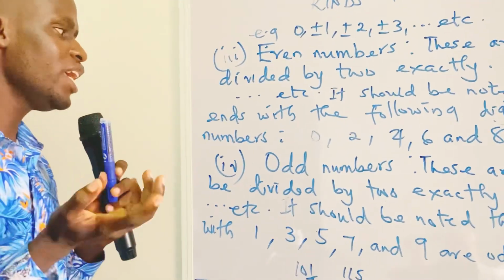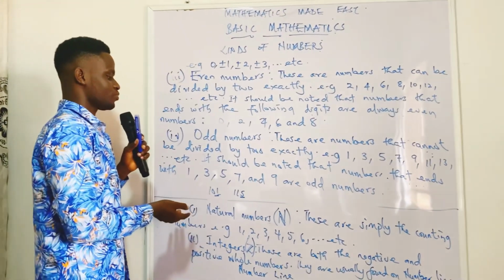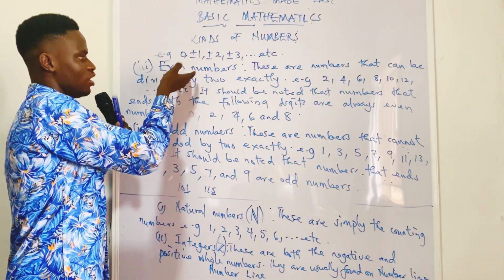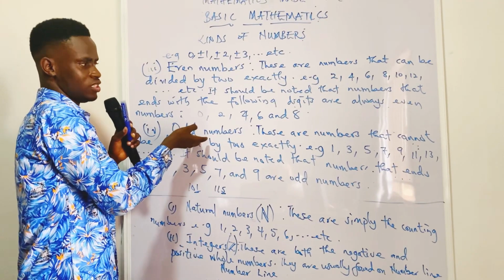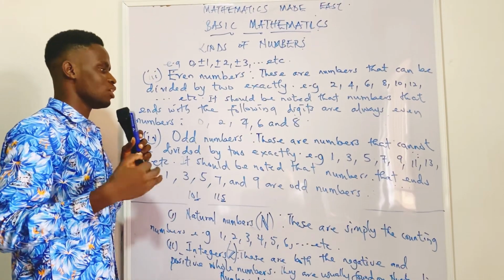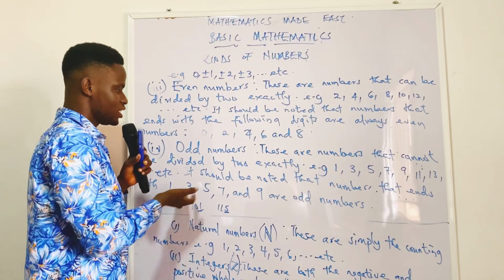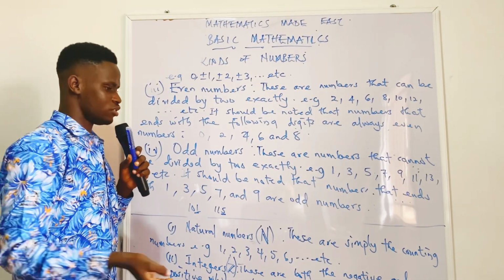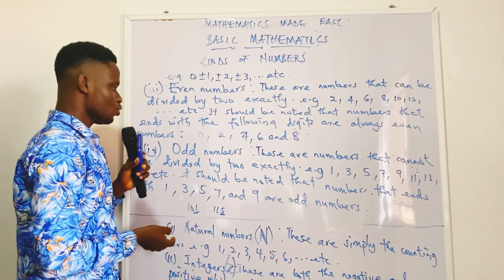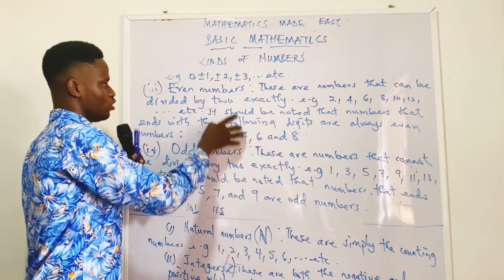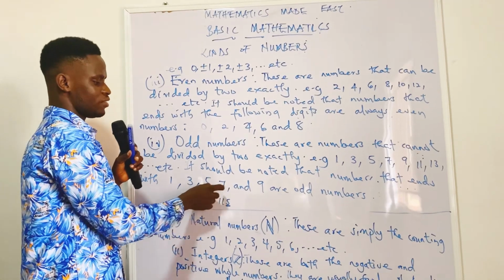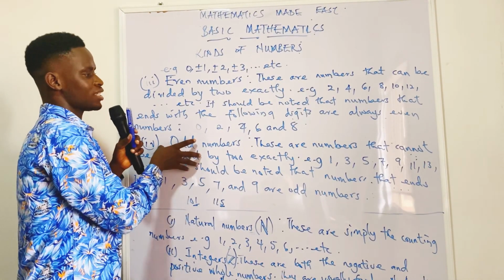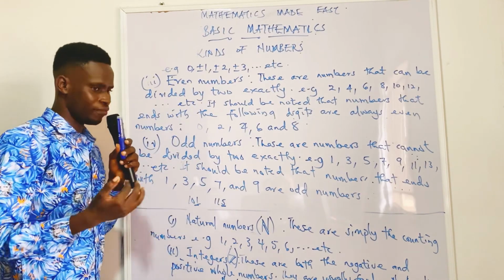So we can simply derive that all odd numbers can never be even numbers, and all even numbers can never be odd. You know we have 10 digits: 0, 1, 2, 3, 4, 5, 6 to 9. So 0, 2, 4, 6, 8 belong to even, and the remaining 1, 3, 5, 7, 9 belong to odd. So there is no case where an odd number can also be an even number. So just have that in mind.